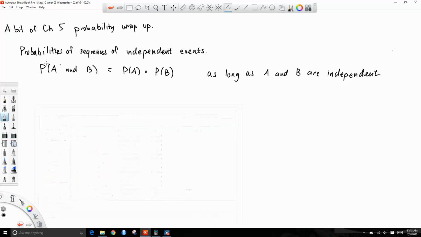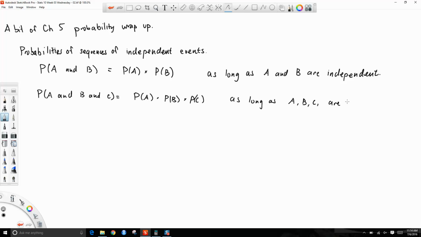And we said this can be extended where if we have the probability of A and B and C and so on, this is going to be the probability of A times the probability of B times the probability of C, okay? As long as A, B, and C are independent of each other.